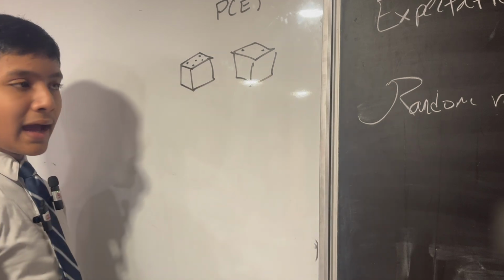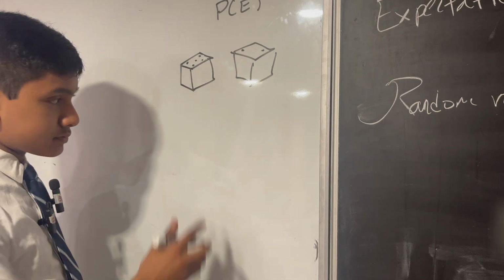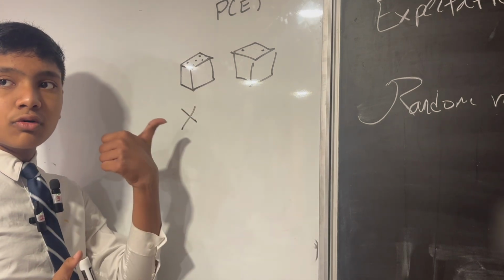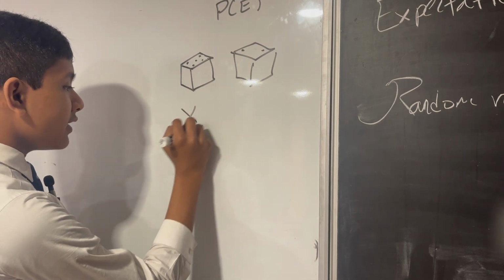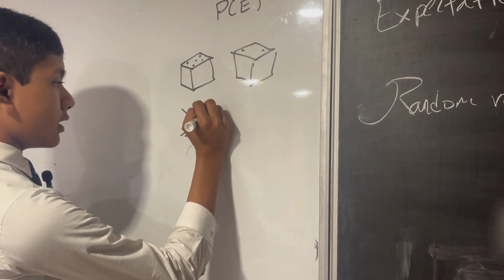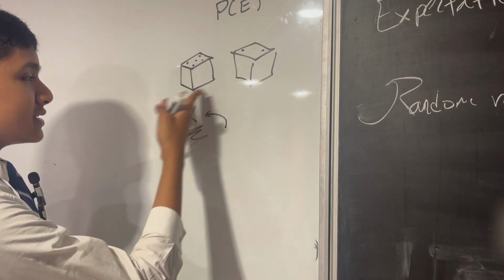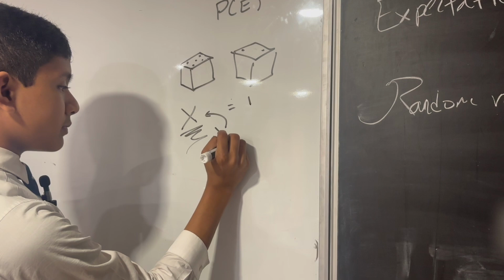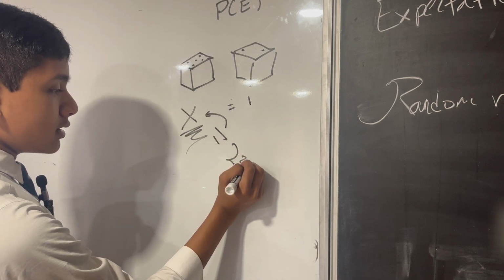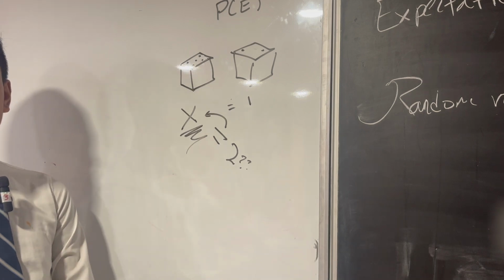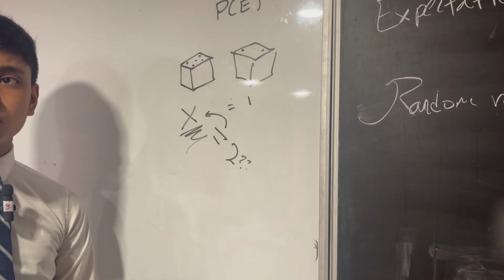Instead, we're going to have to make up a variable. Let's call it X for the result of this dice roll. X is a random variable because its value is random. There's a chance that it will be given a certain value and a chance that it will be given a certain other value. So, how do we measure the chance that a random variable will be assigned a value?